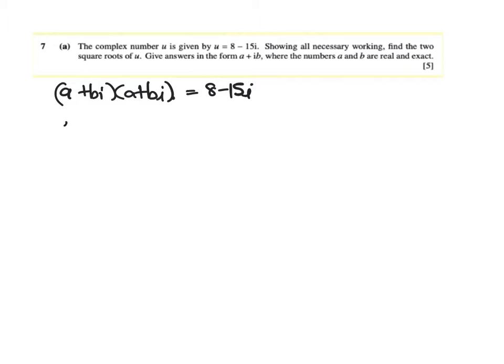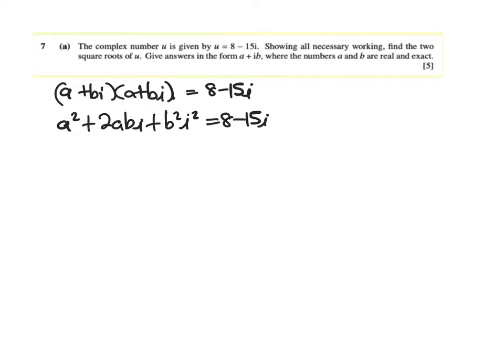Now let's expand this. When you expand, you get a square plus 2abi plus b square i square, and this is equal to 8 minus 15i.